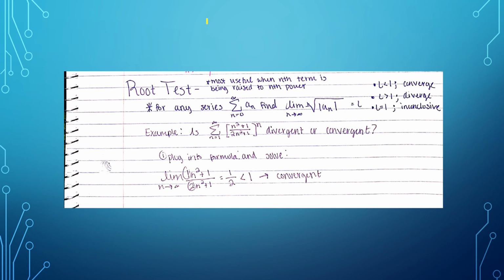The next problem we're going to be looking at deals with the root test. The root test is most useful when the nth term is being raised to the nth power.